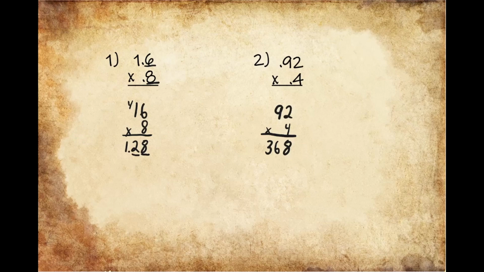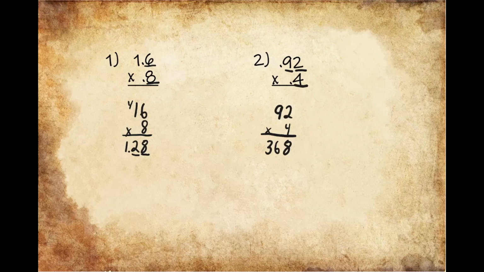And we can see in 0.92 that there's 2 digits to the right of the decimal place, and in 0.4 there's 1 digit to the right of the decimal place. So I know that there's going to have to be 3 numbers to the right of my decimal place in my answer here. And as you can see, 368 has 3 digits in it.